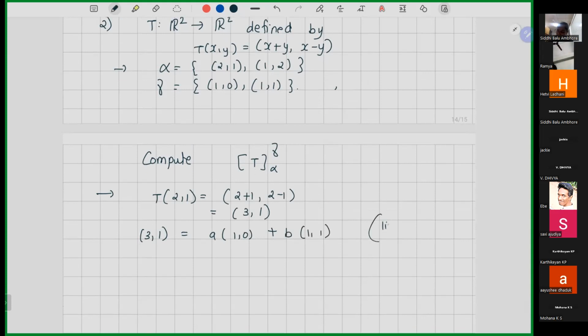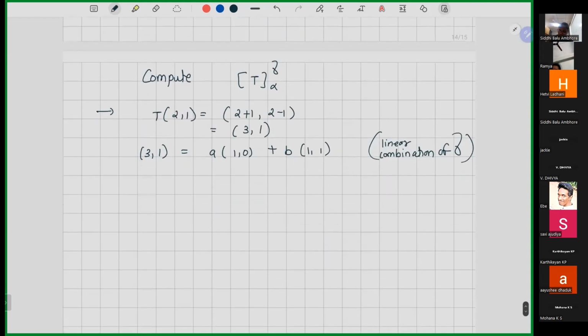Linear combination of gamma. Okay, so what will we get? A plus B is equal to 3 and 1 is equal to B, and A will be 2.